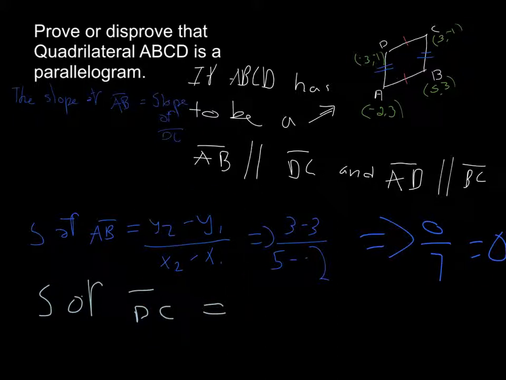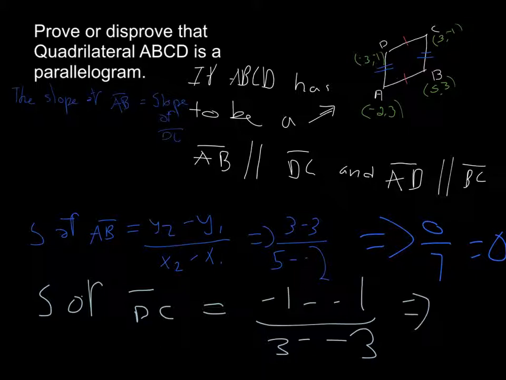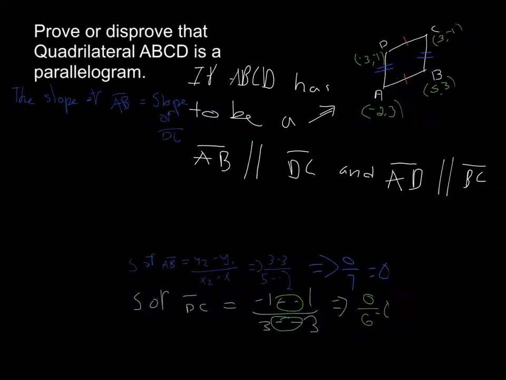And then we just substitute the values like normal, which is negative 1 minus minus 1 by 3 minus minus 3. Since this has a lot of negatives and minuses everywhere, we're going to change that into plus. So this could be a plus, and that could be a plus. So you can substitute the value as 0 by 6, which is equal to 0, which is still equal to 0.